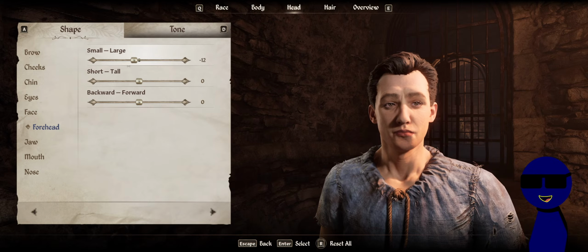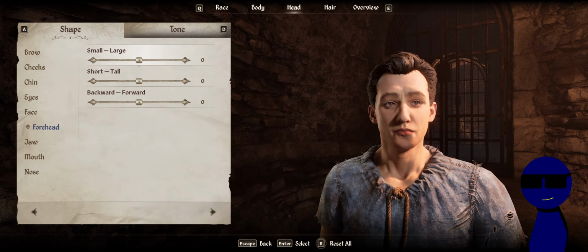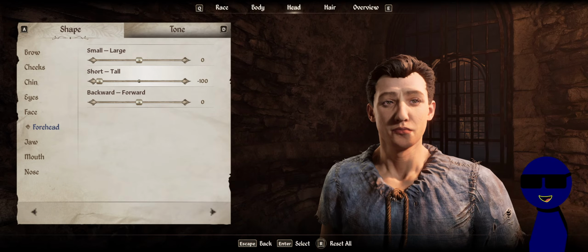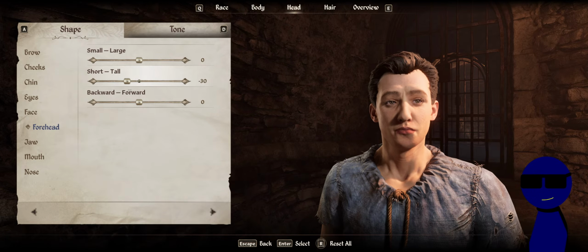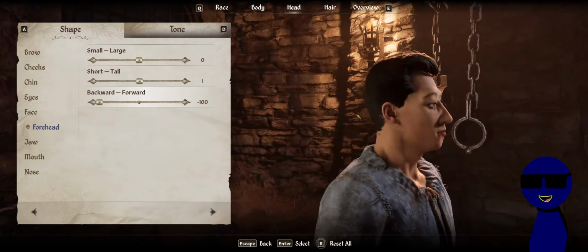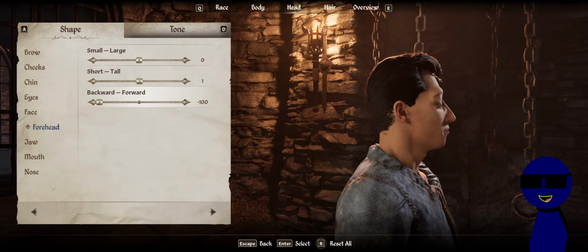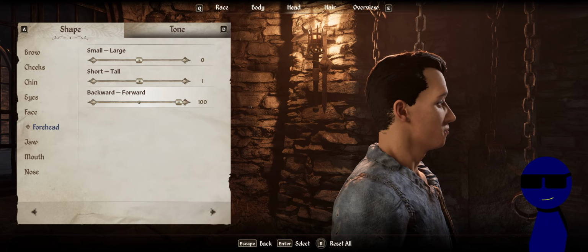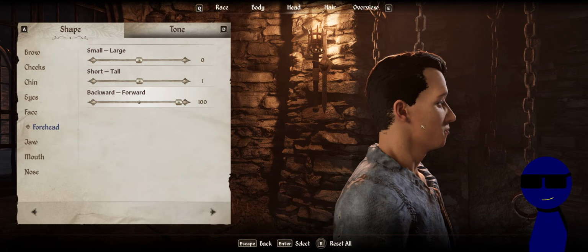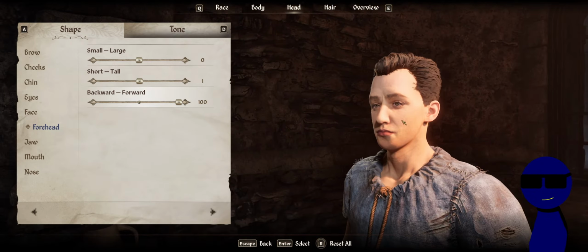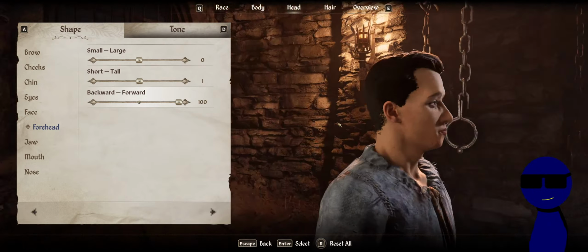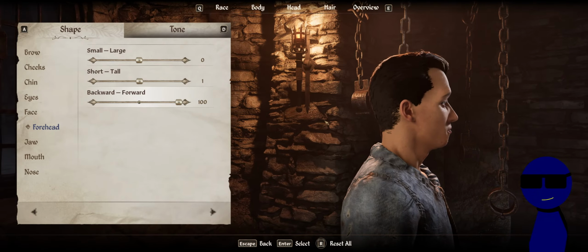Alright, forehead time. Five head, two head. How does this look even? Yeah, it works.